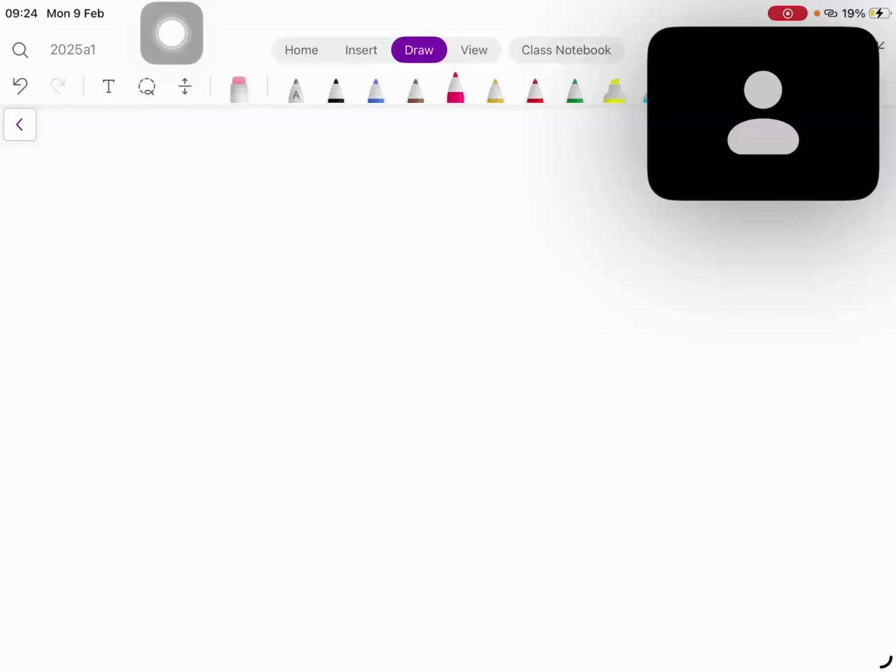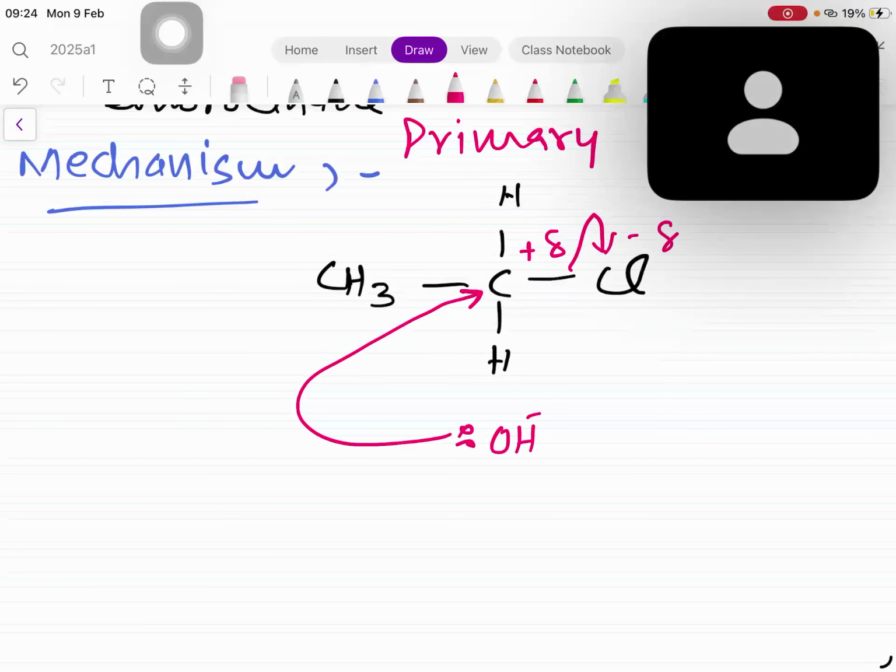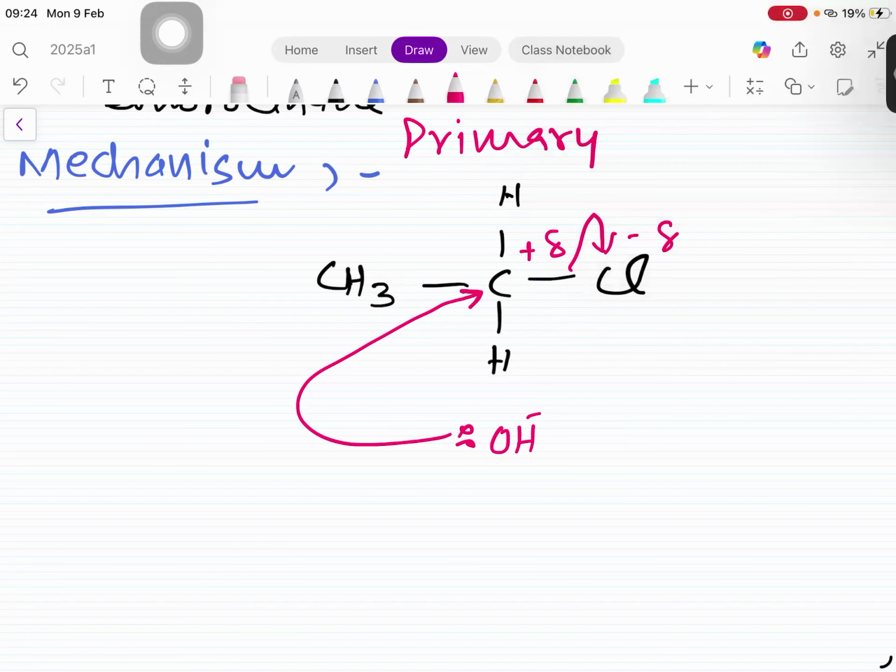Now in technical terms, not in analogy terms, this OH is trying to build a bond with this carbon, and simultaneously the carbon is breaking the bond with this Cl. So this process of making the bond and breaking the bond takes place simultaneously, right?